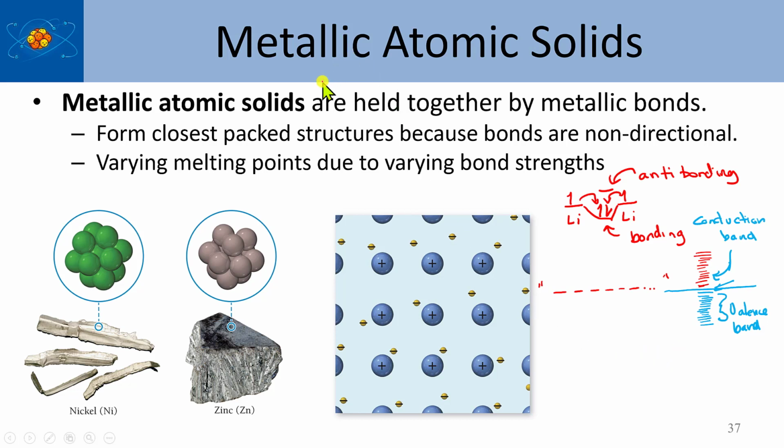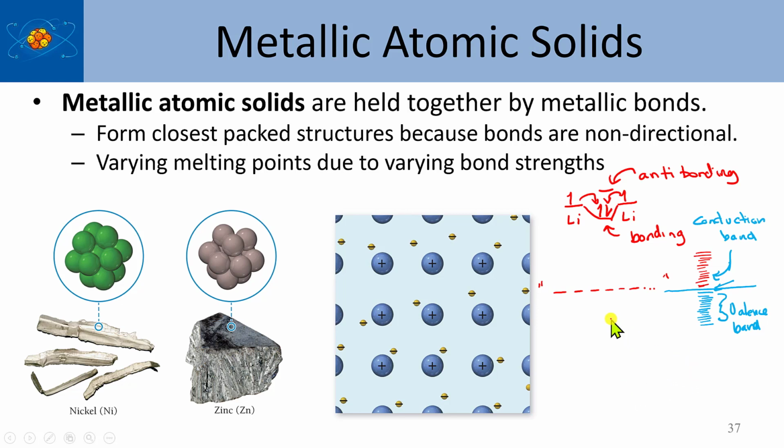So metallic bonding, which we've talked about up to this point as a general thing, is really a result of many molecular orbitals that are created from the many atomic orbitals that are making up the metal. And then these electrons that go up into the conduction band are freely shared amongst all the atoms within the metallic solid.